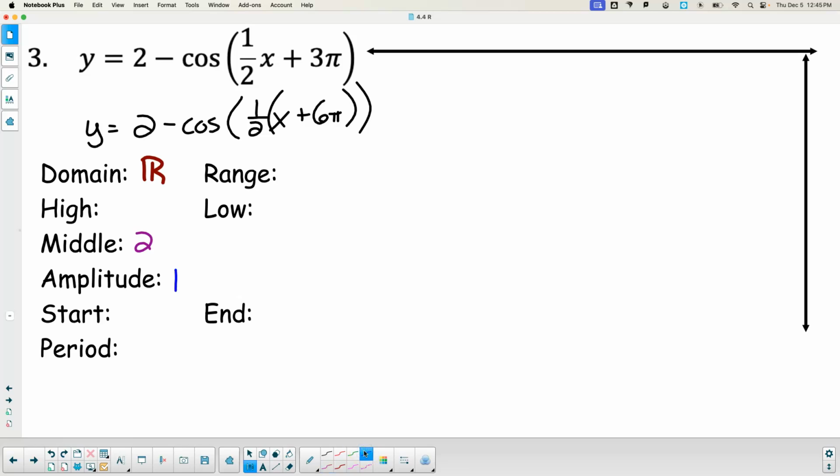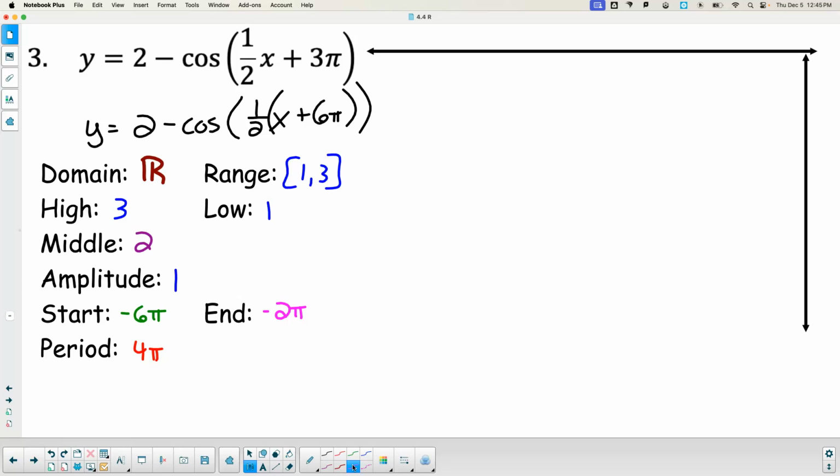Amplitude is 1. So that means we go up to 3, down to 1. It starts at negative, nope, correction, wrong color. Stay color consistent. Starts at negative 6 pi. My period is 4 pi, which means it ends at negative 2 pi.